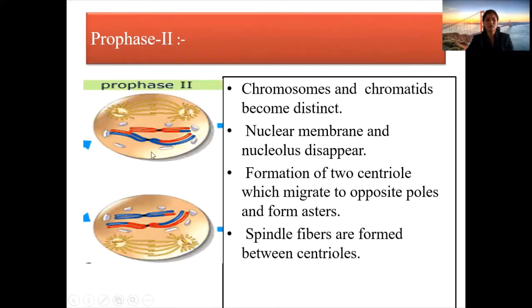In this figure, you have to observe prophase 2, which consists of two haploid cells. Here, the centrioles move towards the opposite poles and the spindle fibers are formed between the two centrioles, as well as the nuclear envelope and the nucleolus disappear.